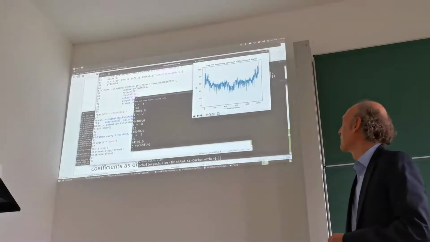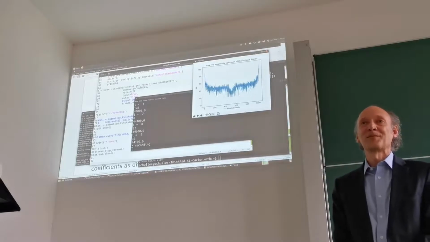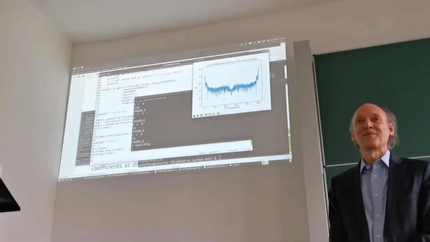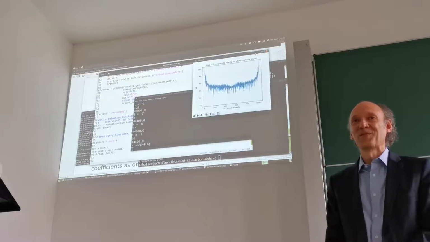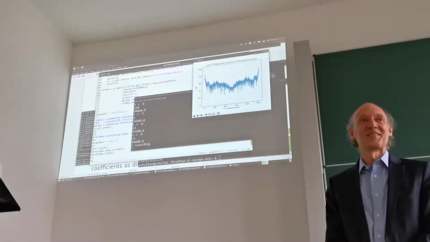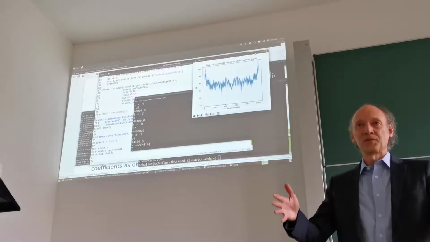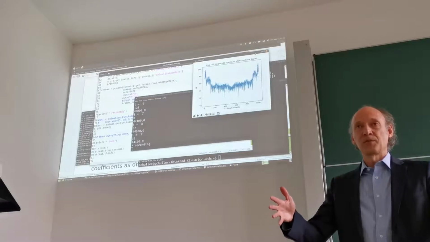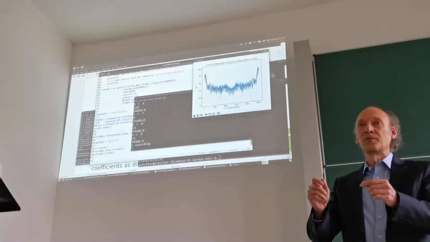So what's the maximum K here? Index, the K index? 1000? More. Yeah. It's 1024. No. 1023. Yes, right. 1023. So if the length is N equals 1024, the maximum k was N minus 1.